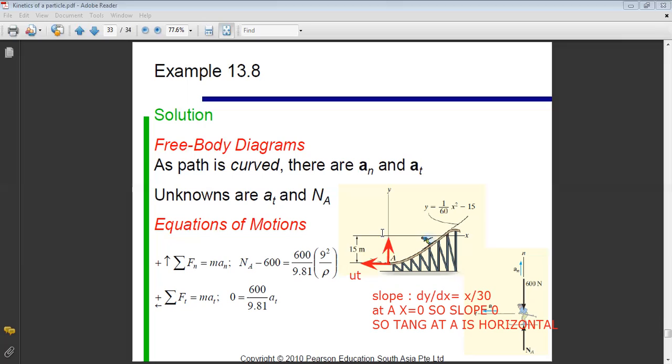The second derivative will tell you if UN is up or down. If you get a positive second derivative, this means UN is up. If you get a negative second derivative, this means UN is down. Here, the second derivative is 1 over 30, which is positive. So the concavity is upward and UN is up. So this is UN.